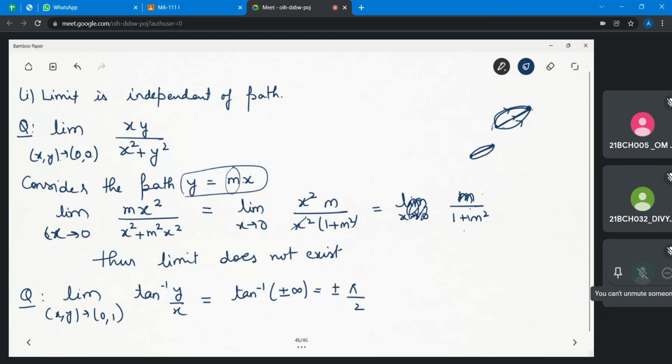So this is depending upon whether we are approaching 0, 1 from the left or right along the line y is equal to 1, right? So whether we are approaching left or right, the limit is dependent upon the path.